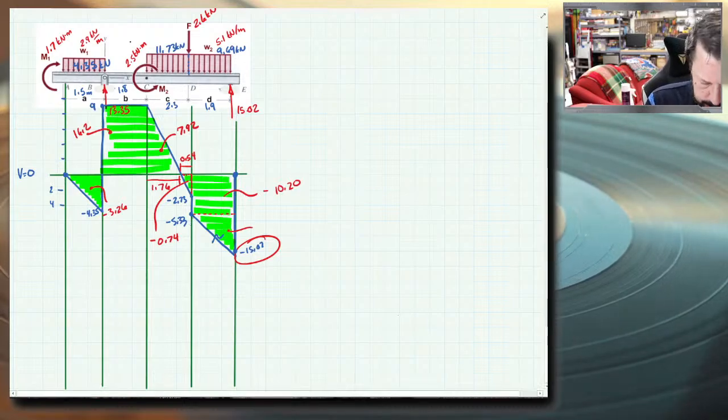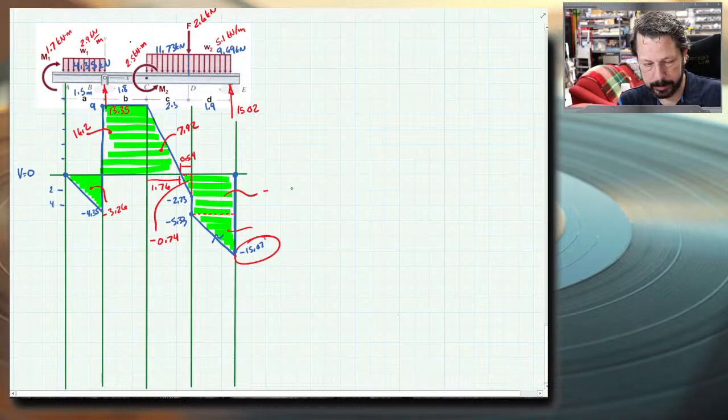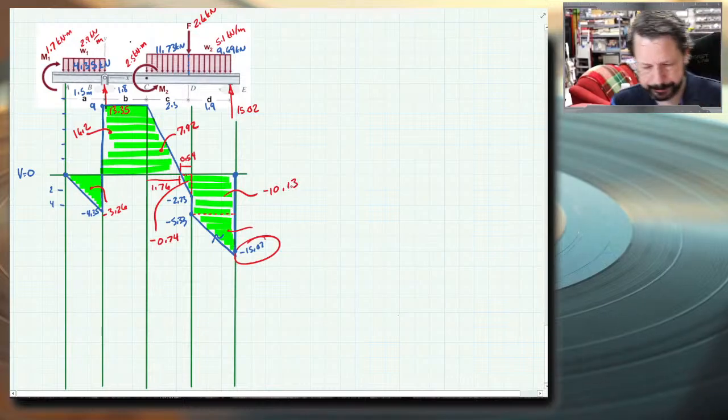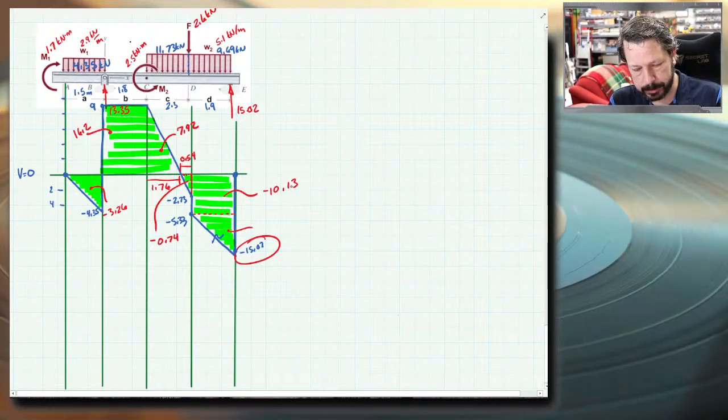Yeah, so that's a 3. That changes this a little bit. 5.33. You really should write clearer. Times 1.9, negative 10.13. We'll call it that. We're going to be off anyway, but might as well at least be close to right.